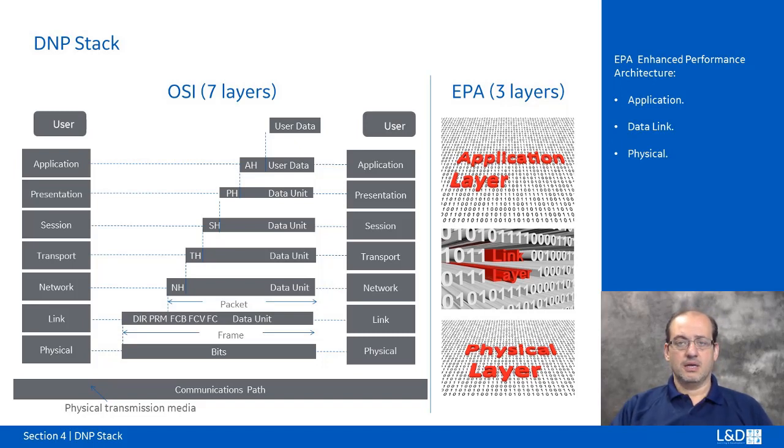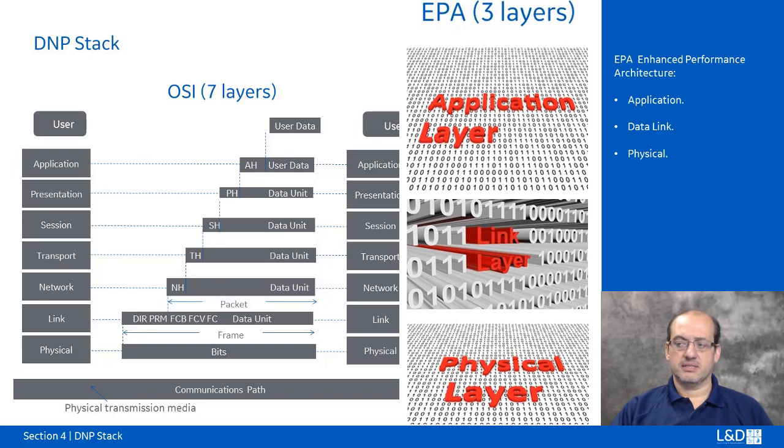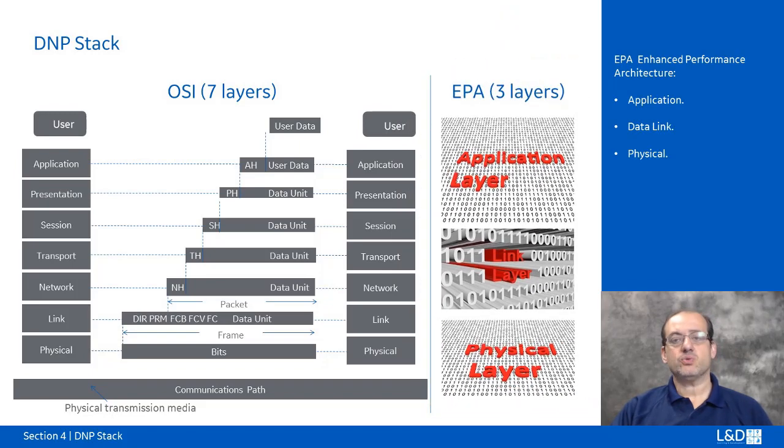Now, the OSI has 7 layers, and the DNP group decided to use the EPA, or the Enhanced Performance Architecture. As you can see in the picture, the EPA has 3 layers: the application layer, the data link layer, and the physical layer. Each one of these layers can be broken down further.